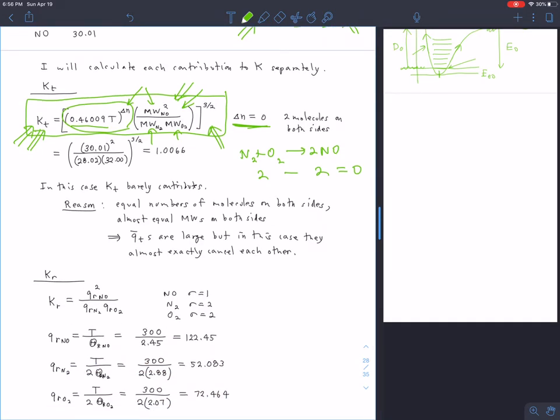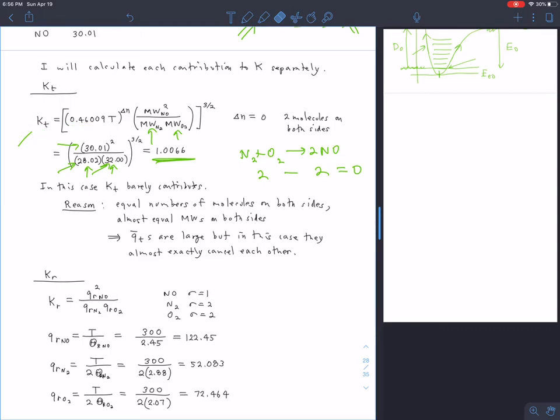The molecular weight for NO is 30. The molecular weight for nitrogen is 28. The molecular weight for oxygen is 32. You can see that 30 squared divided by 28 times 32, that's not going to be a very big number, and in fact it turns out to be almost exactly 1. All this is saying is that though each of the translational partition functions for the reactants and products has a lot of microstates in it, it sometimes happens, in this case it did happen, that the number of microstates cancel out on the two sides.